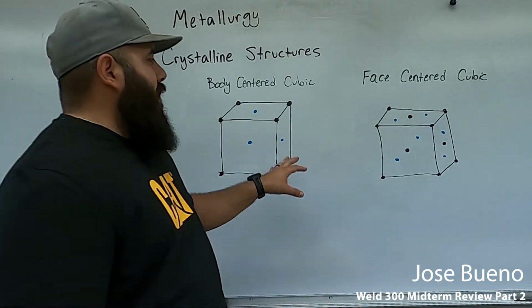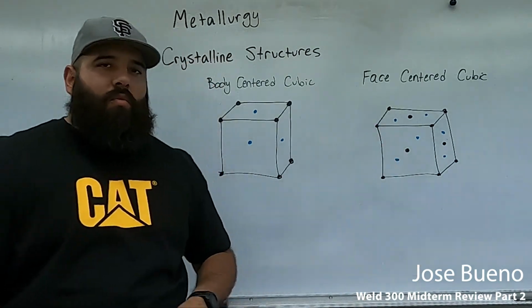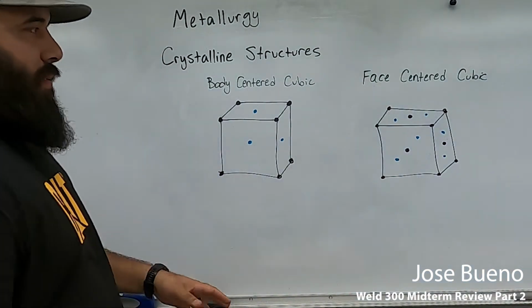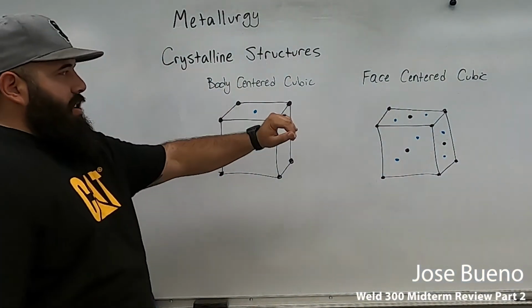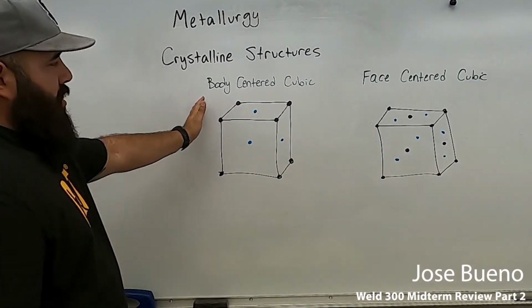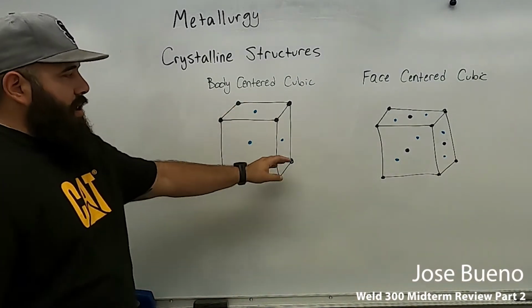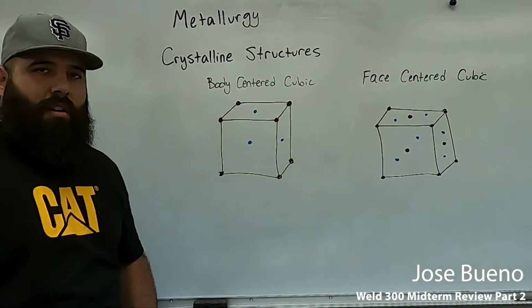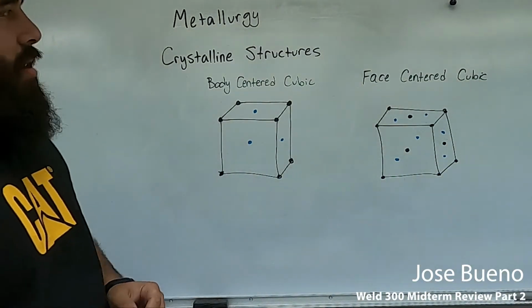Now, how this plays a role in welding is when we get to heat treatments. But for now, just remember this. Body-centered cubic, room temperature: you have iron atoms around the body, and you have some carbon atoms floating around in there.